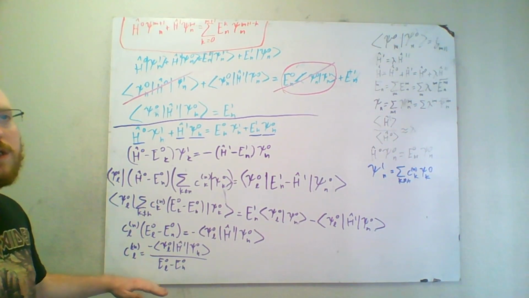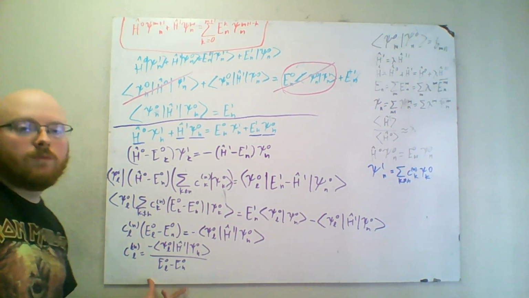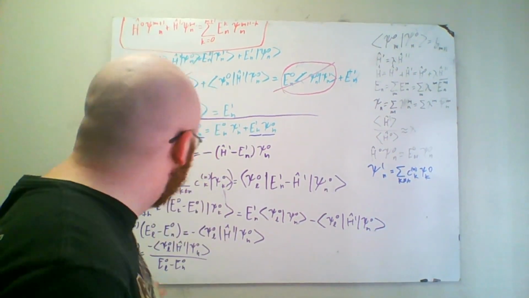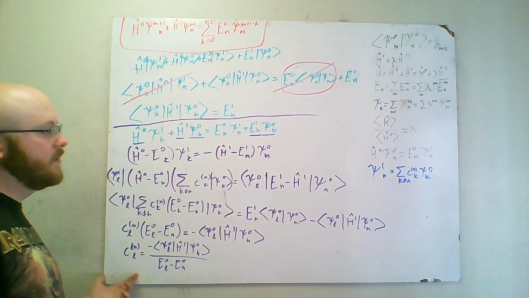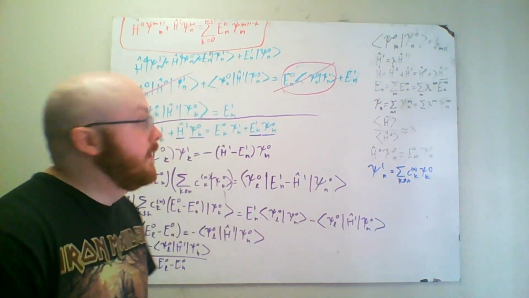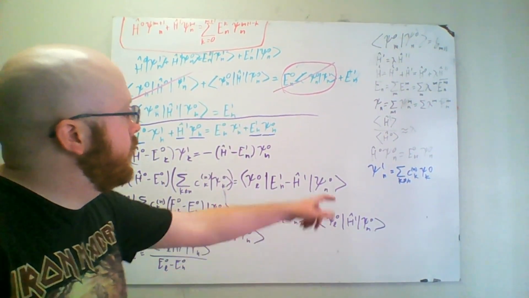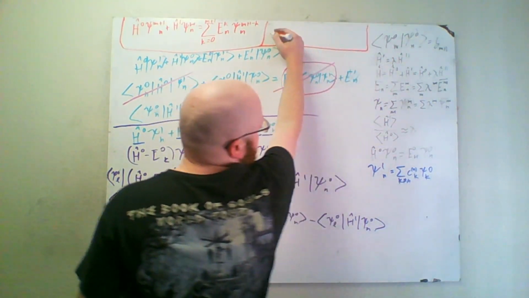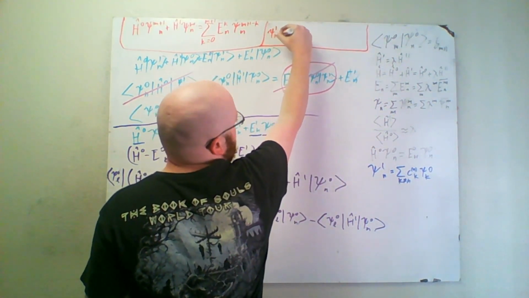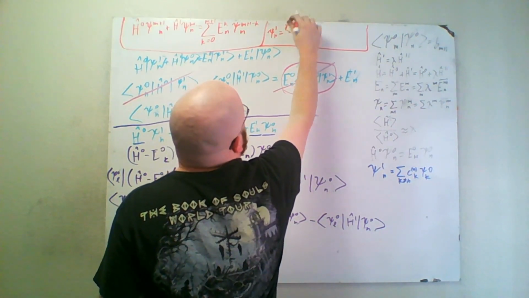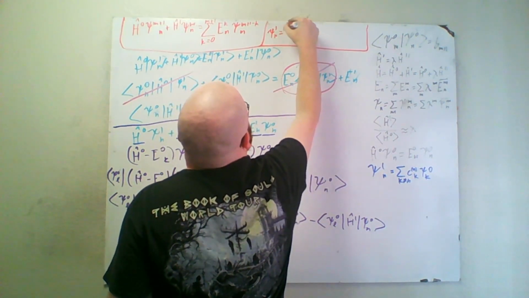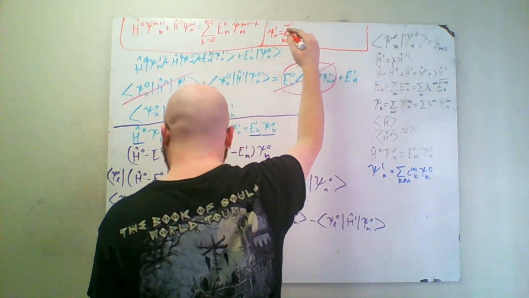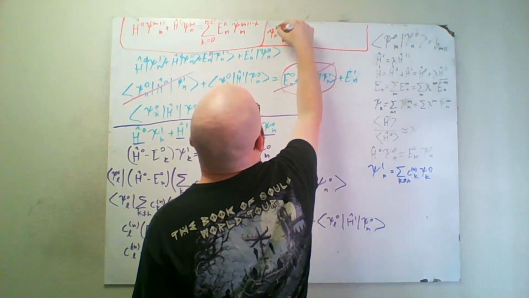And this is why we need degenerate perturbation theory, because this actually works. So as you can see, this is there. Now that we know the coefficients, we can plug this back into here and get something pretty cool. Right up here, psi 1n is equal to the sum over k not equal to n of this guy.